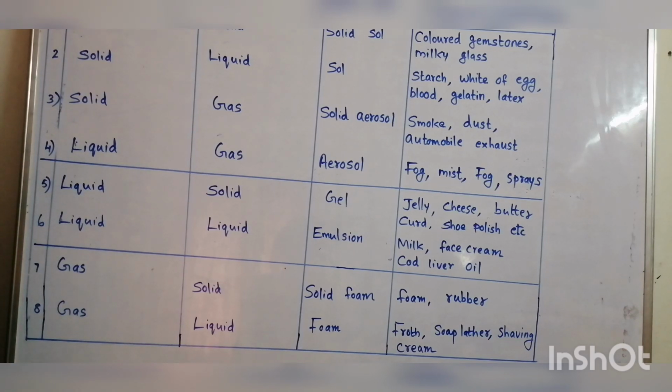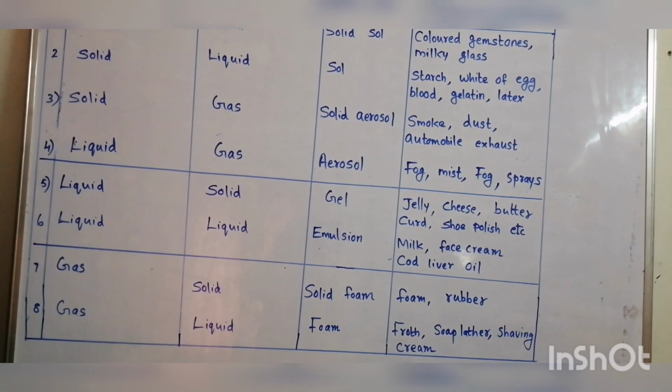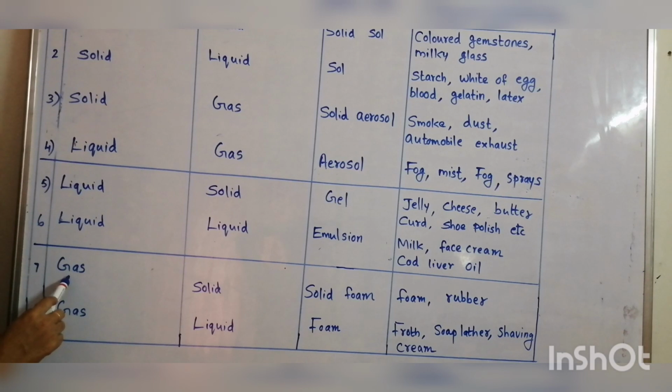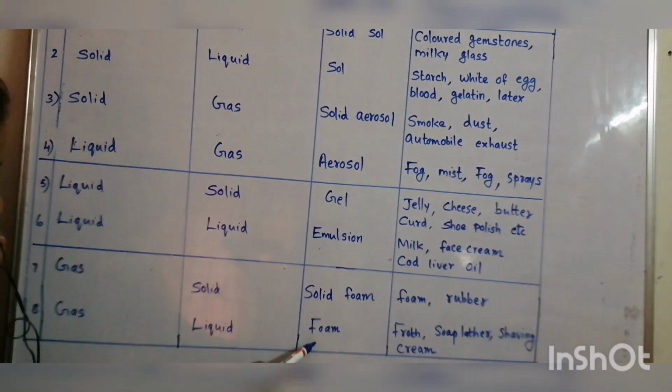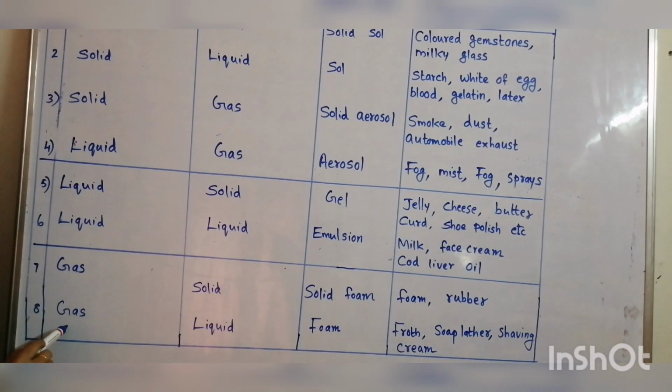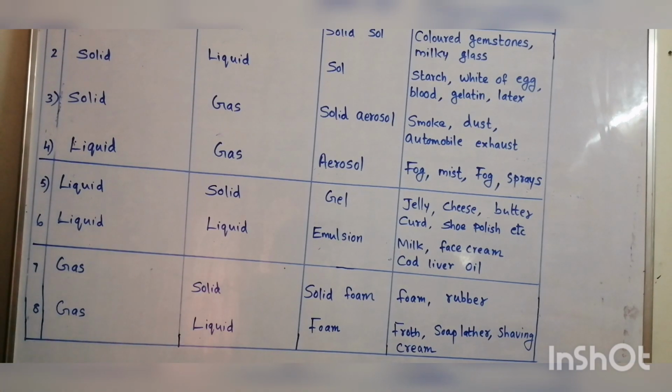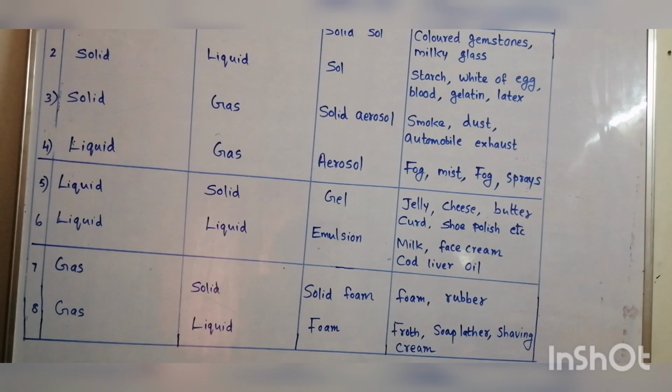Examples: milk, face cream and cod liver oil. And in solid foam, dispersed phase is a gas and dispersion medium is solid. Example: rubber. And in foam, dispersed phase is a gas and dispersion medium is a liquid. Example: soap lather and shaving cream.